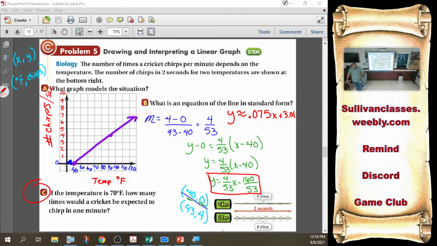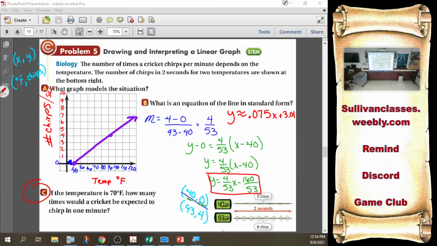Now I can answer the question. If the temperature is 70 degrees, how many times is it going to chirp in 1 minute? What is my graph right now? Chirps per second. Okay, so take that equation you just got, plug in 70, because you know that 70 degrees is your input, the independent variable.